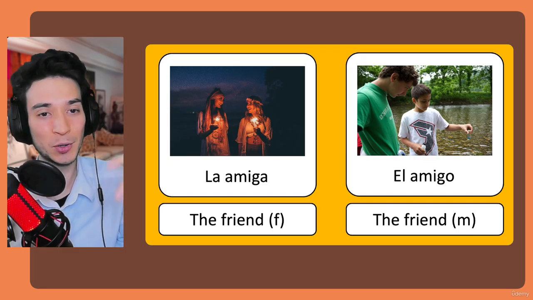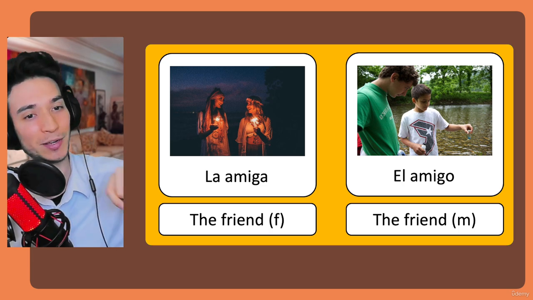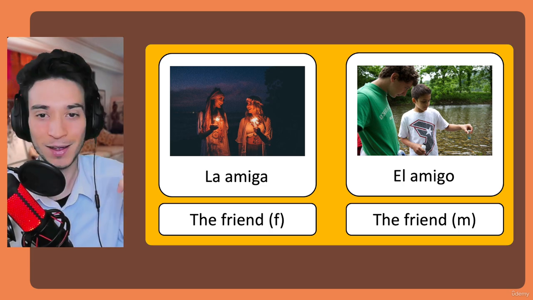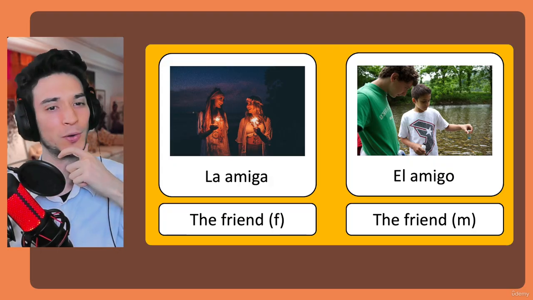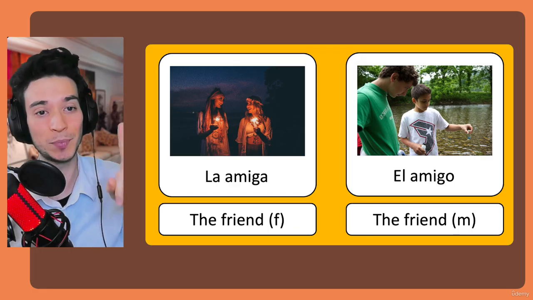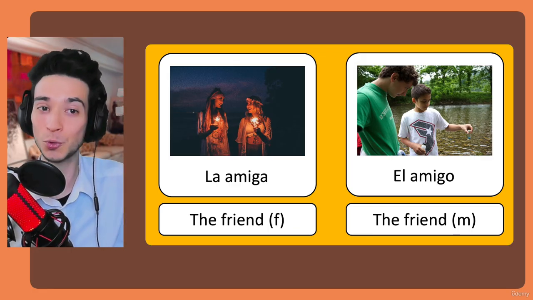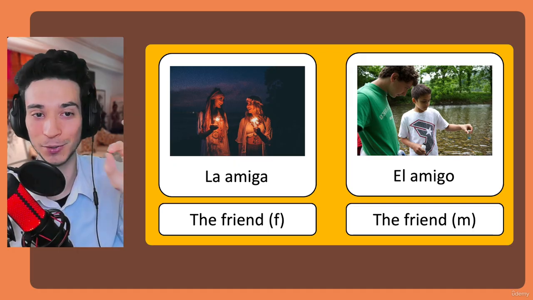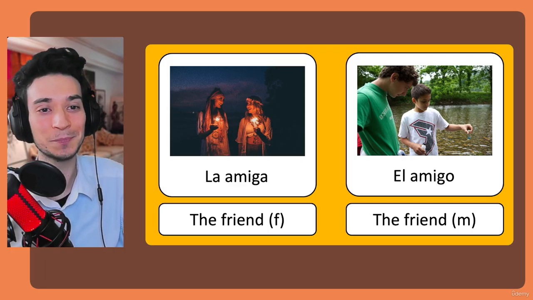So if you say, I'm gonna meet with my female friend, people will be like, oh, you're meeting with a female friend, something is happening. Or if you're meeting with a male friend, you have to say that he's male. So you get more information, and that's the reason why people don't like this about Spanish. People will start to question, like, oh, is he meeting with a female friend or a male friend? So in Spanish, they tell you that's a little bit problematic.